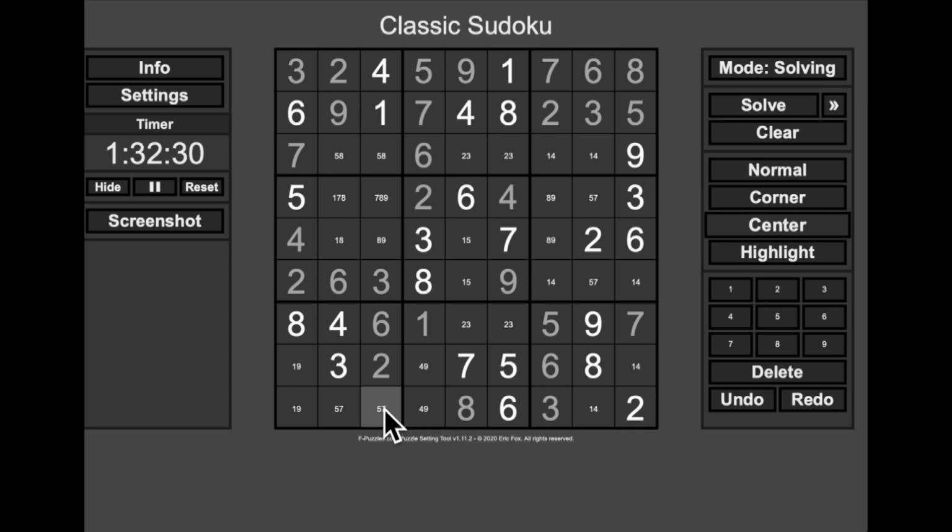I think this could still be 9, actually. 2, 3, 4, 6, 8 says 1, 5, 7, or 9. This cell can't be 5 or 7, it can be 1 or 9 both ways. This can't be 5 or 7 in the column, so this is 1 or 9. This is definitely 1 or 9. So that says this is not 9.